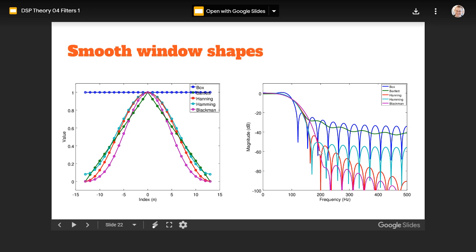That's pretty good. But on the other hand, when you get a smoother and smoother window, you get a higher transition bandwidth. But we have now control of the stop band attenuation. So the sinc actually is defining the cutoff frequency. The stop band attenuation is defined by the window shape.